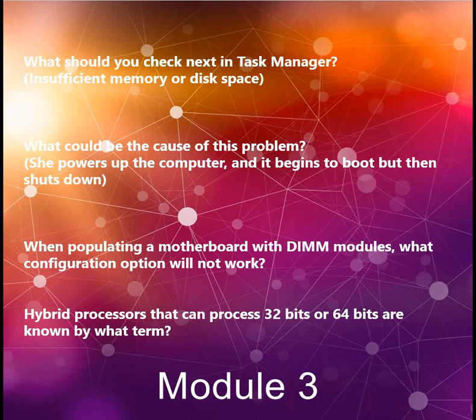Programs that are running, doesn't matter. It's going to tell you how much space you have. You can check that, but it wouldn't be the best answer. All right. So since you've already checked the disk space, now you want to check for insufficient memory by the amount of RAM that's available. Right? The correct answer is amount of available RAM.